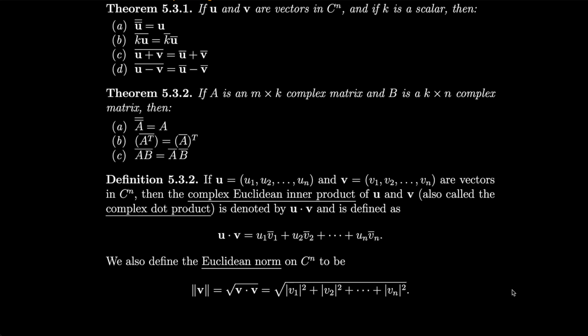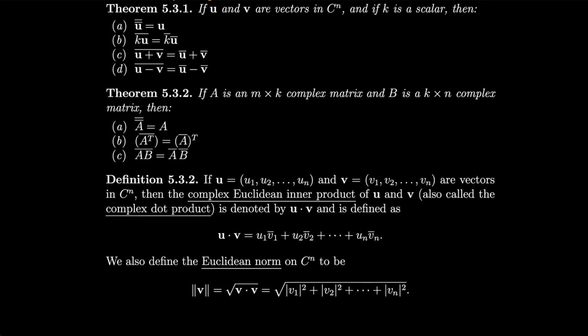If u and v are vectors in Cn, and if k is a scalar, then bar u, in other words, the conjugate of the conjugate, is just u. Cancels. The conjugate of ku is the same thing as the conjugate of k times the conjugate of u.